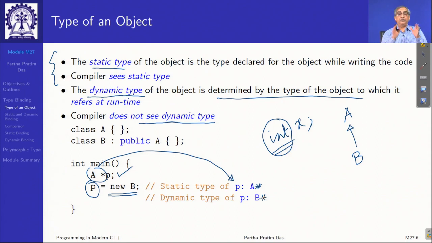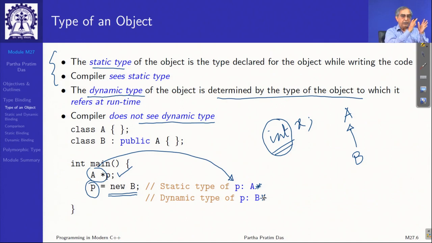So, this is the basic difference: the compiler knew the static type, which is pointing to an A type object, whereas in the allocation at runtime or through assignments and so on, the type of the object that it is actually pointing to is a B type object.